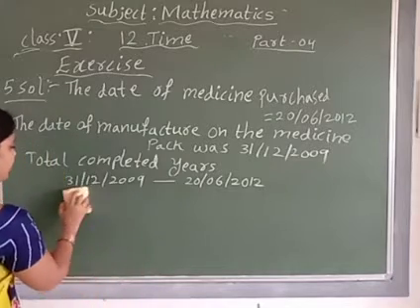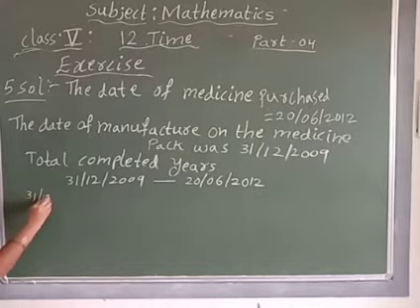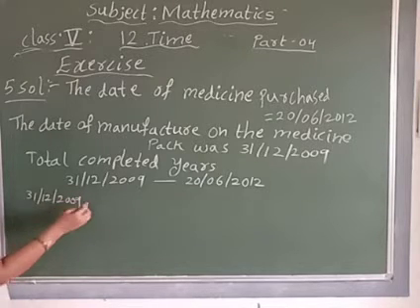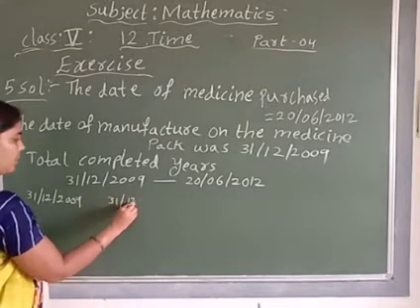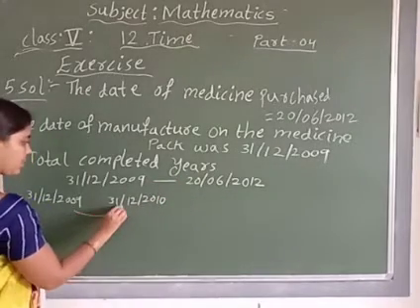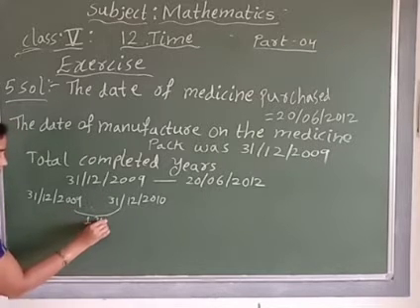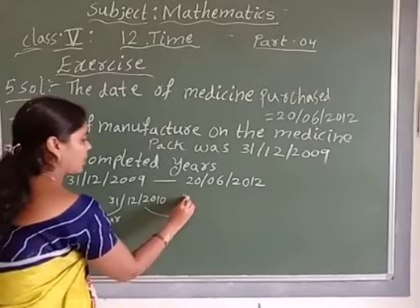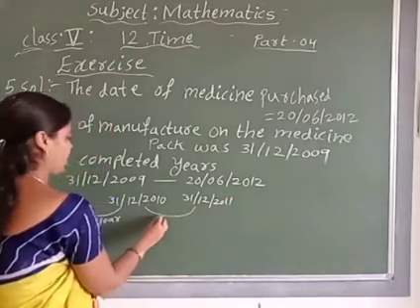Actually, from 31/12/2009 to 31/12/2010 is 1 year, and to 31/12/2011 is another 1 year.